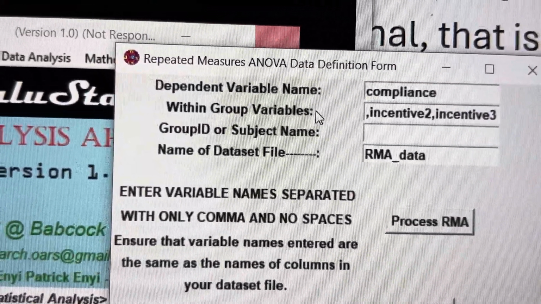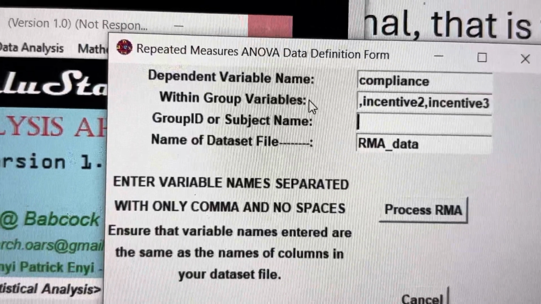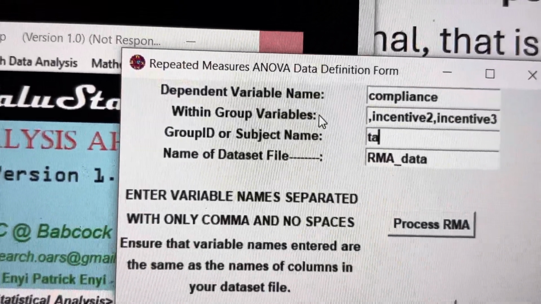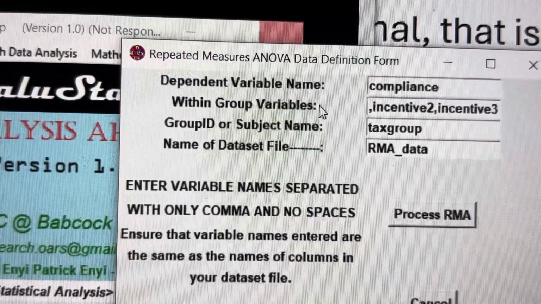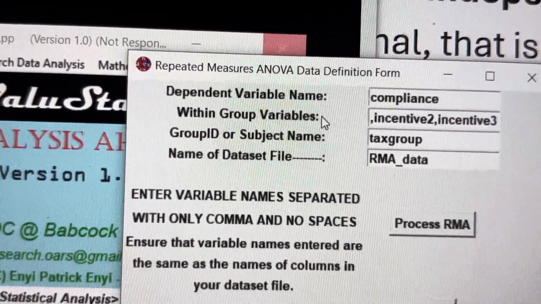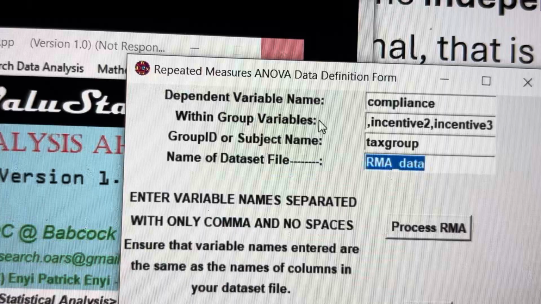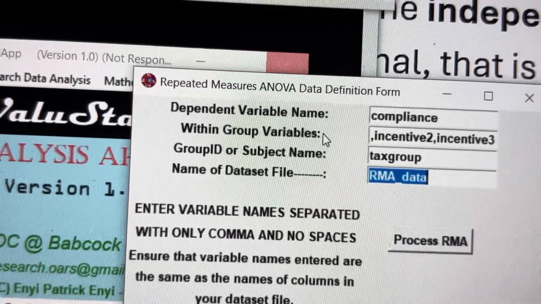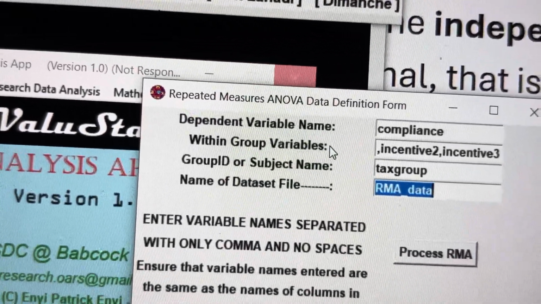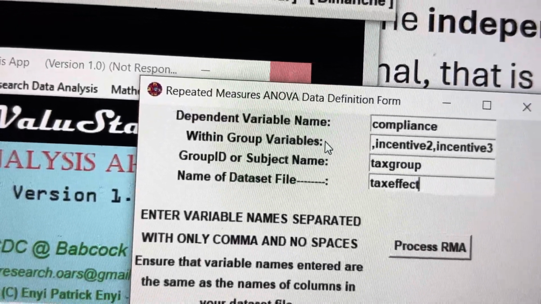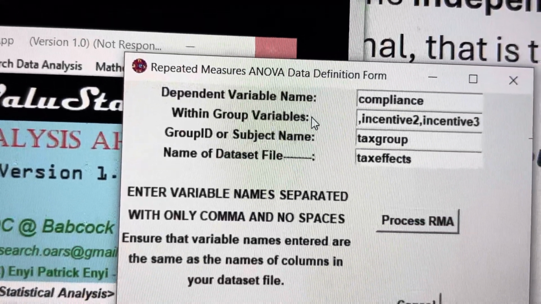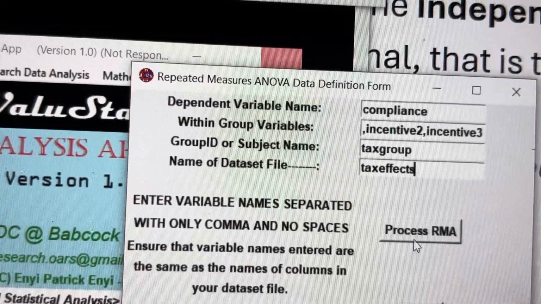Now we leave that. We now go to the group. The group ID is task group. And then the name of data set for tax effects. That's what we save the name with.